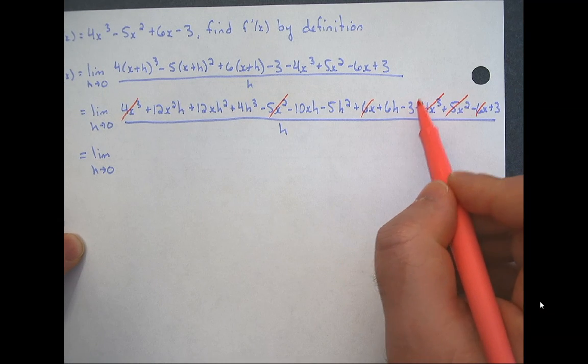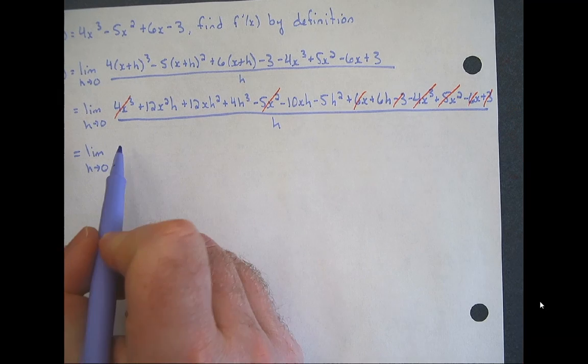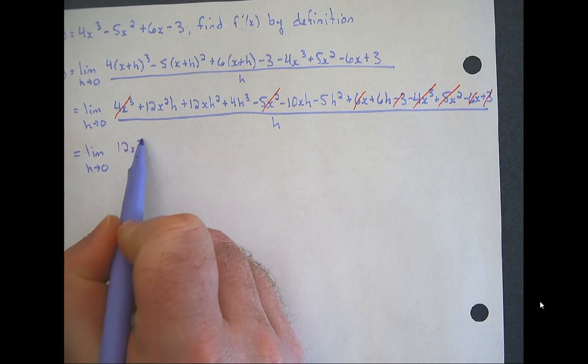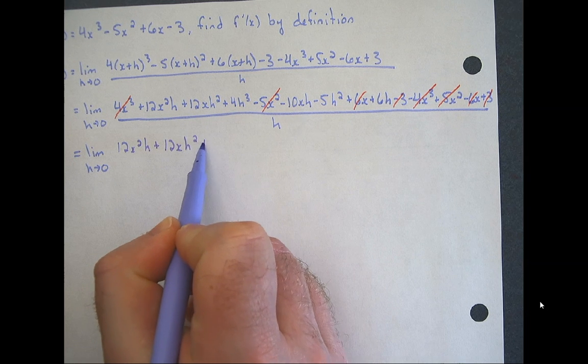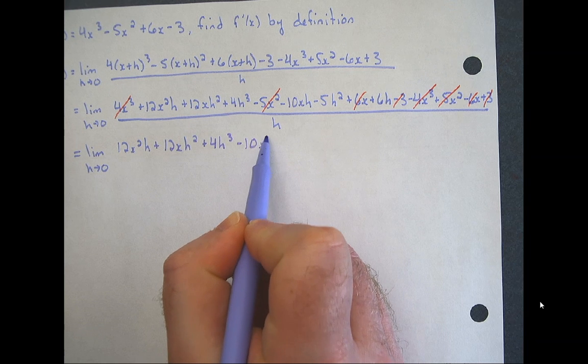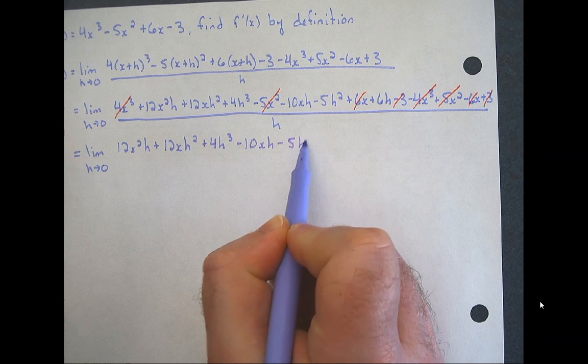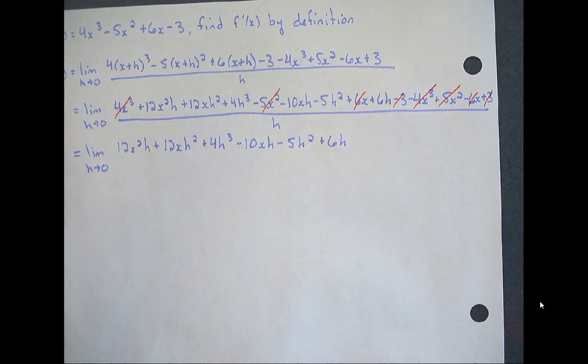That's got an h, minus 3 plus 3. Life is good. 12x squared h plus 12xh squared plus 4h cubed minus 10xh minus 5h squared plus 6h. That's it.